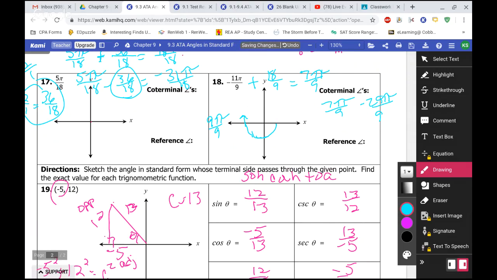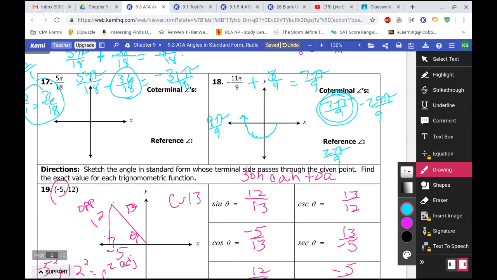On this one, you would actually take the 7 pi over 9 and subtract 9 pi over 9 from it to get 2 pi over 9. Okay, and is that the reference angle? Mm-hmm. You would use this coterminal angle because it's closest to 9 pi over 9.